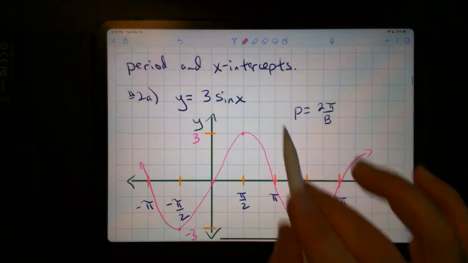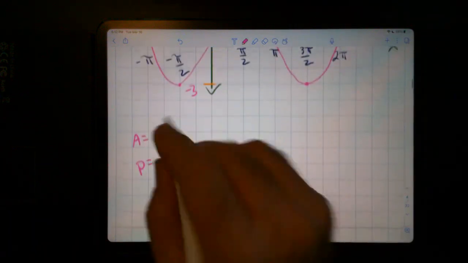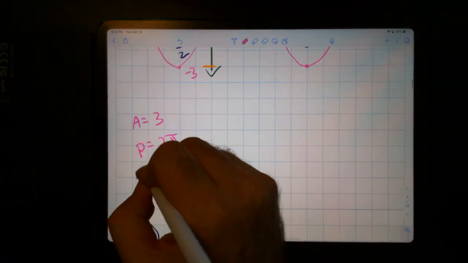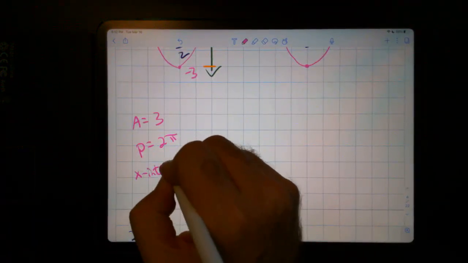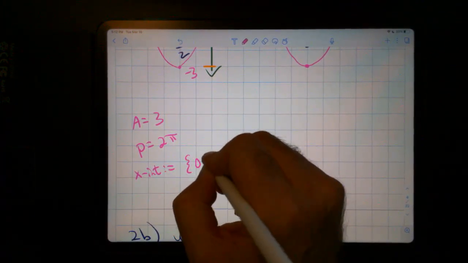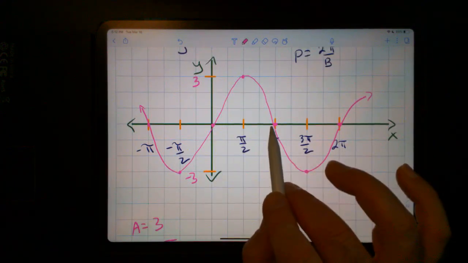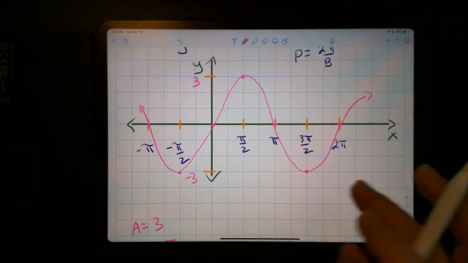The x-intercepts happen when y is equal to 0. So the x-intercepts happen at, these are defined as, we have 0 plus 1 pi plus 2 pi, so 0 plus k pi.